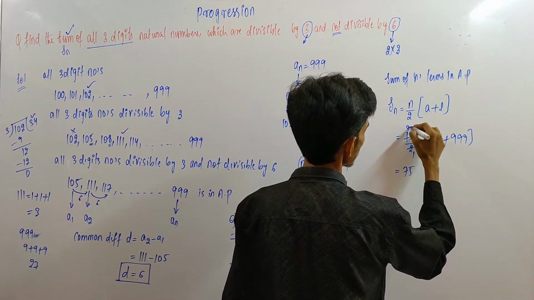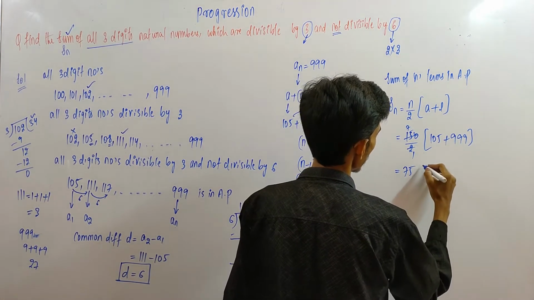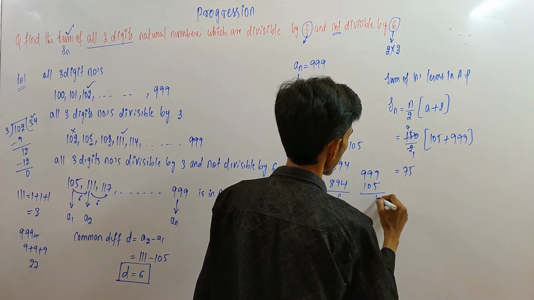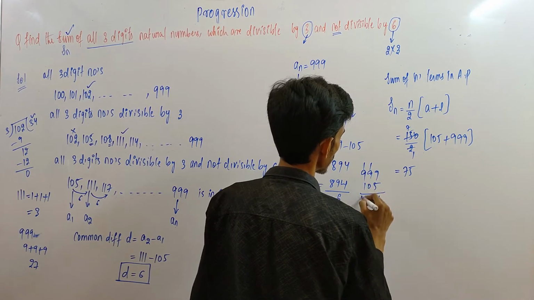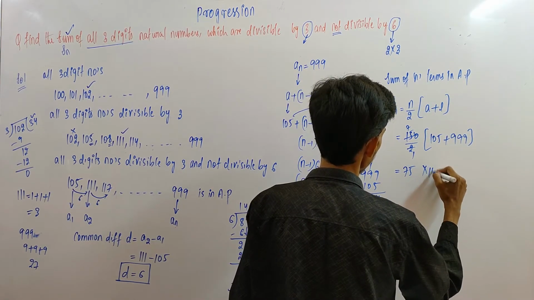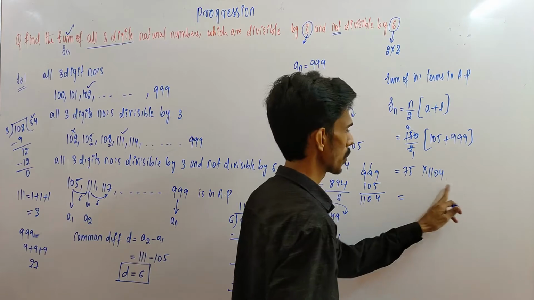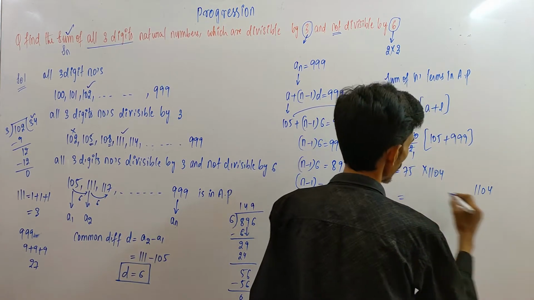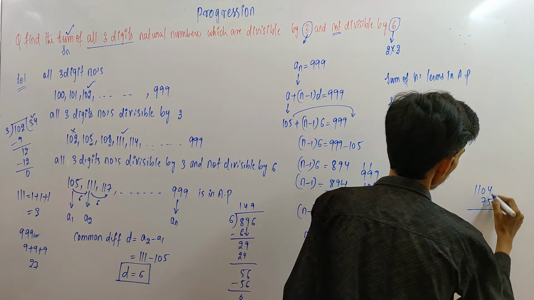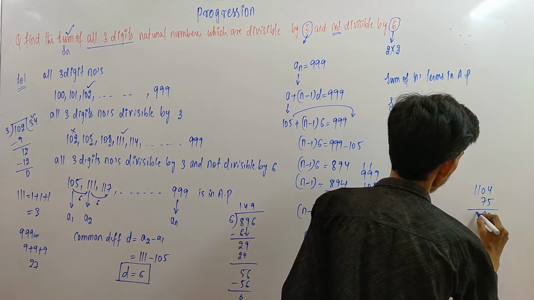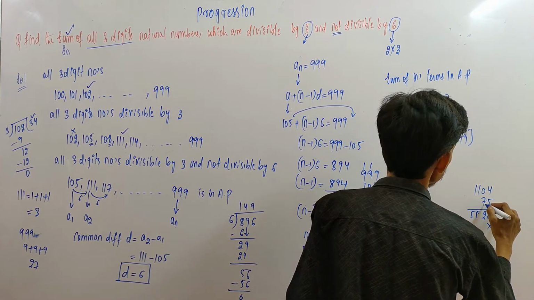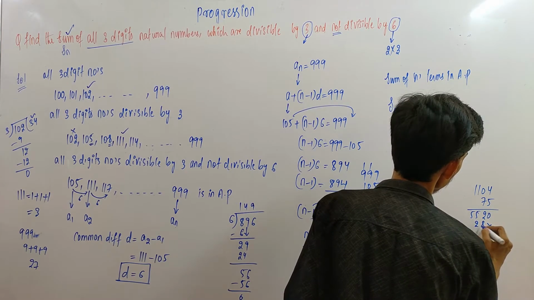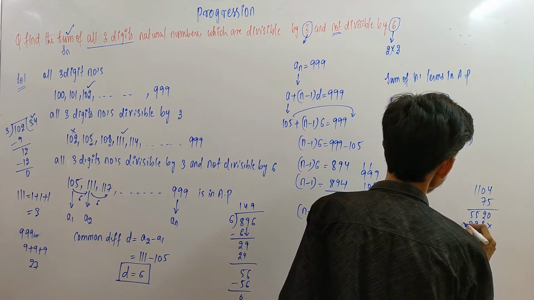So we have 75. Now add this 999, 105. So we have 1104. 1104 into 75. 5 fours are 20. 5 ones are 5. 7 fours are 28. 7 ones are 7.